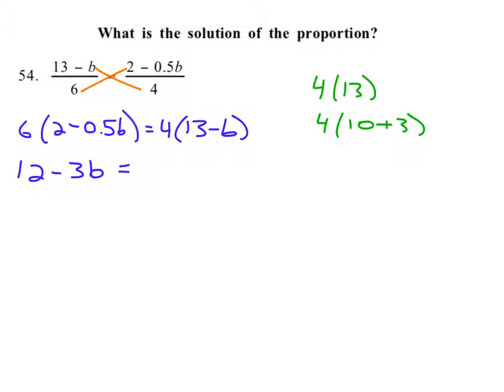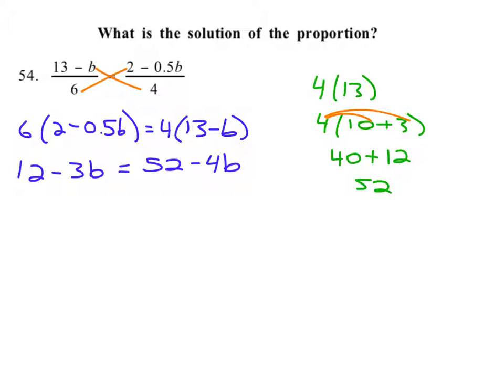You can say 4 times 10, and then 4 times 3. 4 times 10 is 40, and 4 times 3 is 12, so when you add 40 and 12, you get 52. So if you can't do that multiplication in your head, you can think of it like this, and you can even write it down like that if you need to. But short answer, that is 52. Minus 4 times b is 4b.